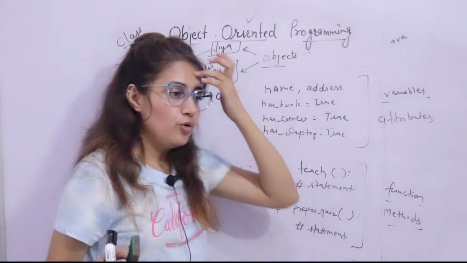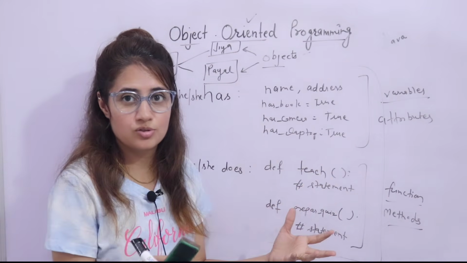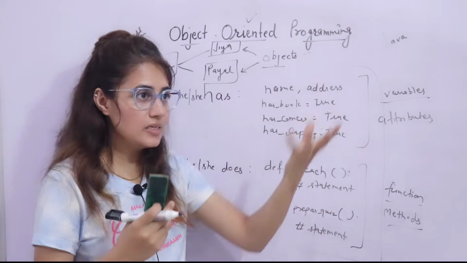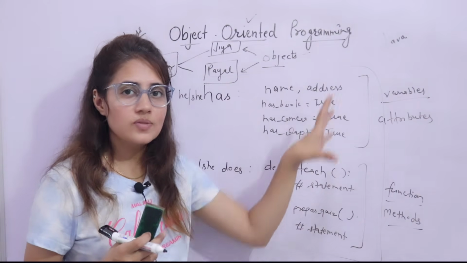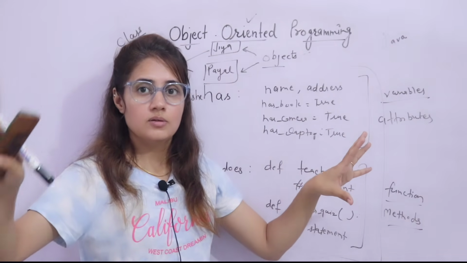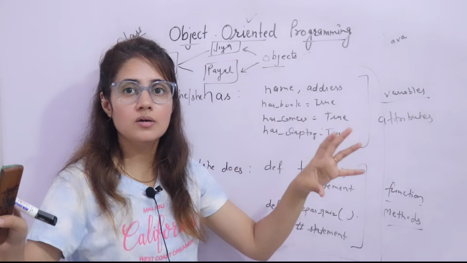Like if you are going to build a house, then the map or the sketch of that house is what? A blueprint, a design you have, and using that design you can build a house. So that house is the object and that sketch or that map is what? A class.